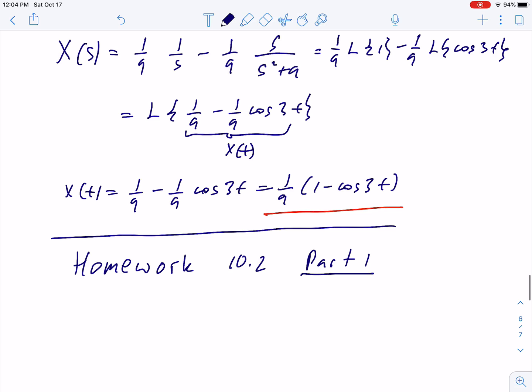Exactly like I did here, at home, you solve with Laplace transform equations 1, 3, 5, 7, and 9. 5 equations for homework. And we continue further next time.